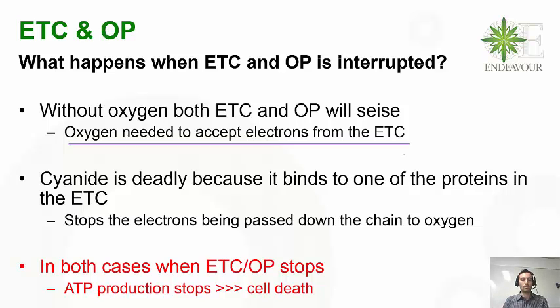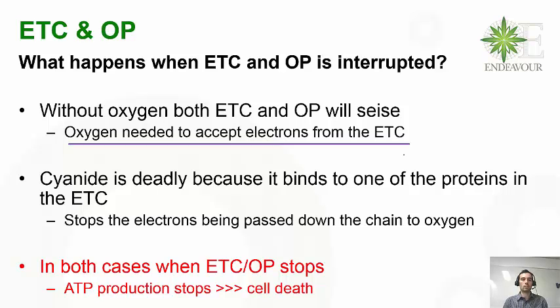There is a compound called cyanide that binds to one of the proteins within the electron transport chain and stops electrons being passed down the chain. So this has a similar effect to having no oxygen within the cells. If we have no oxygen, then the electron transport chain stops, and if we have cyanide at a particular level, then the electron transport chain will also stop.